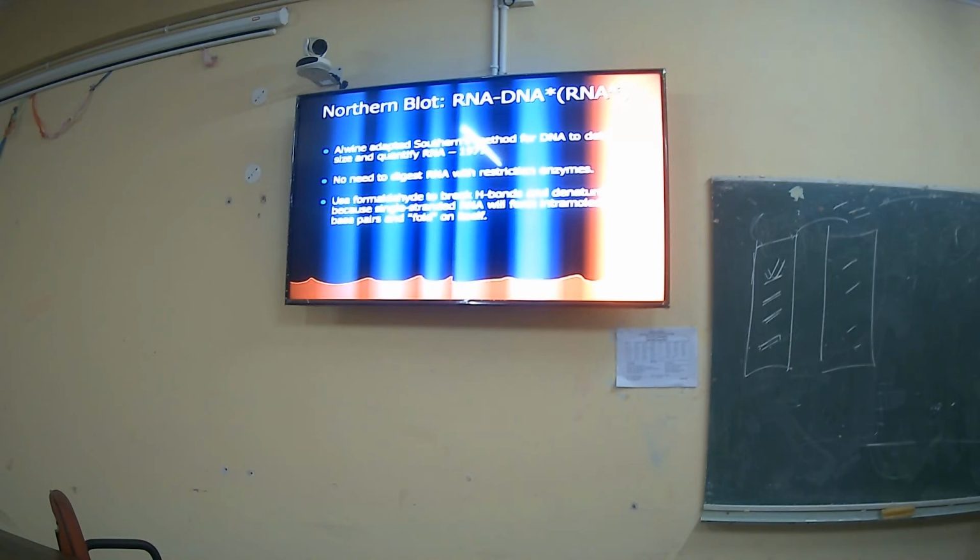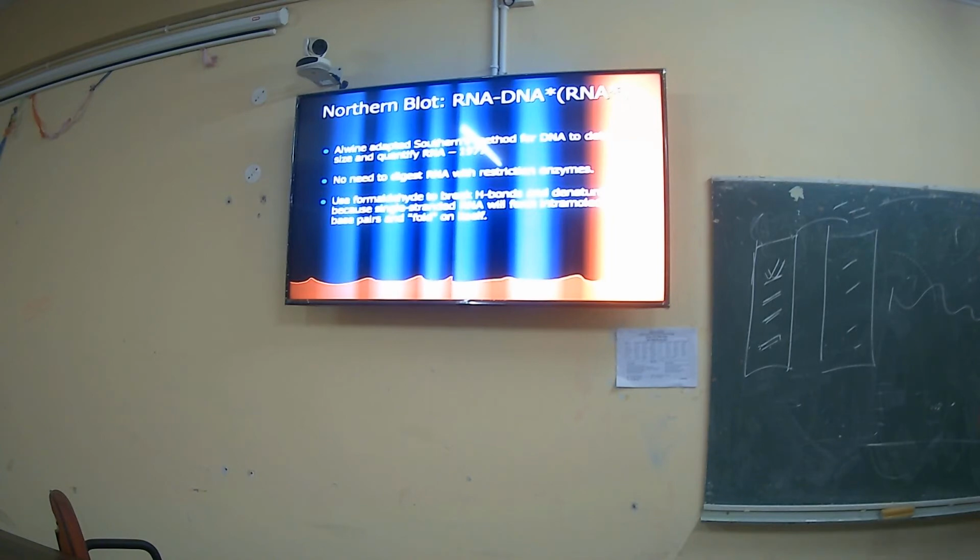So why don't we need to digest an RNA fragment with the restriction enzyme? We choose only a single strand. Suppose this one is an RNA. So can we use this RNA as such in Northern blot, or is there a need to digest this RNA? Is there a need to fragment RNA to perform the electrophoresis, or can RNA be used as such in intact form?